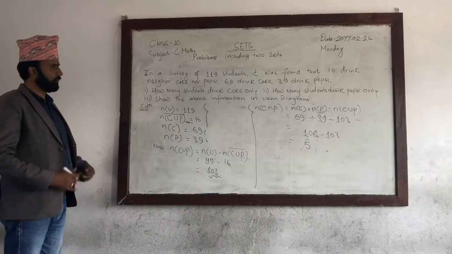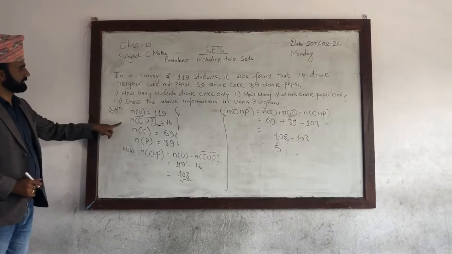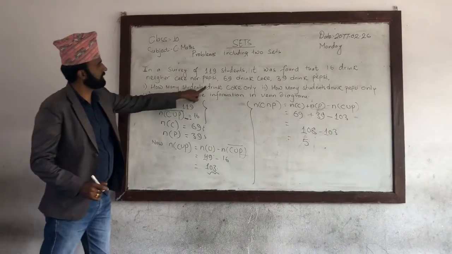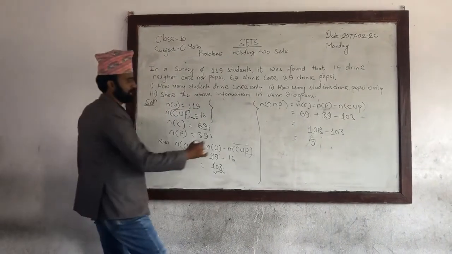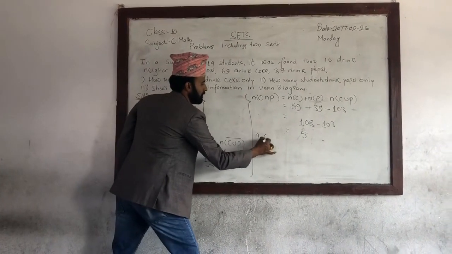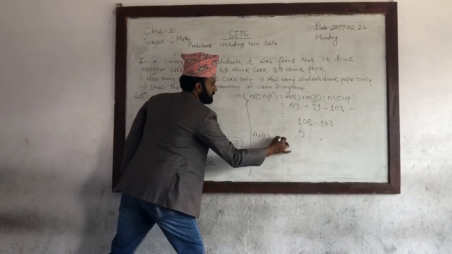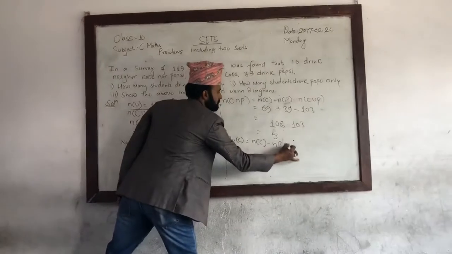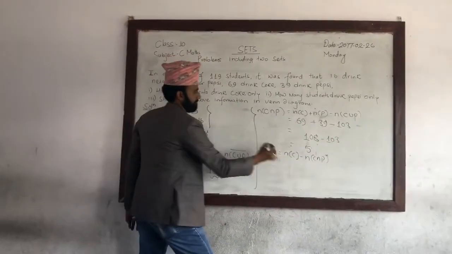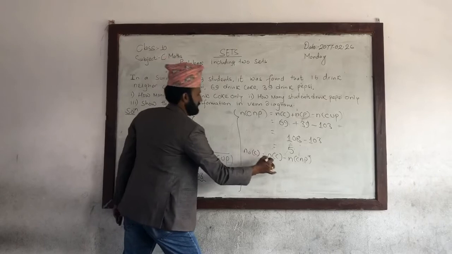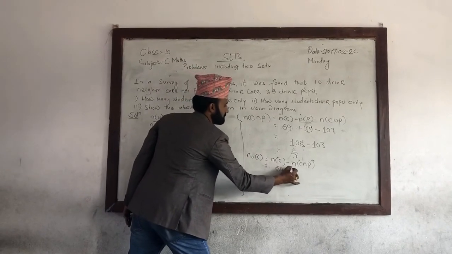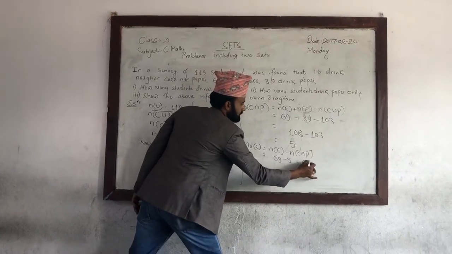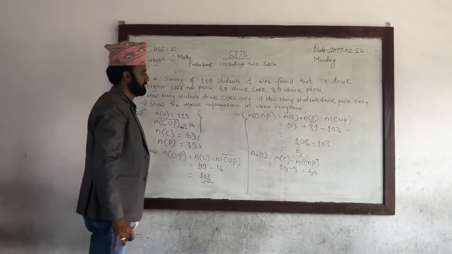Okay, now we are very close to the answer. Now, how many students drink Coke only? We have to find out only Coke, that is cardinal number of C minus cardinal number of C intersection P. That equals 69 minus 5 equals 64. 64 like to drink only Coke.